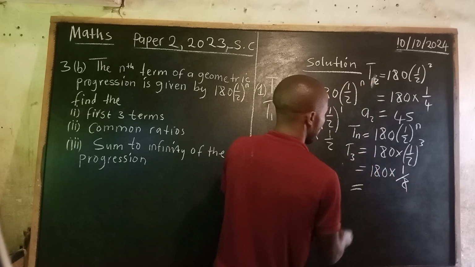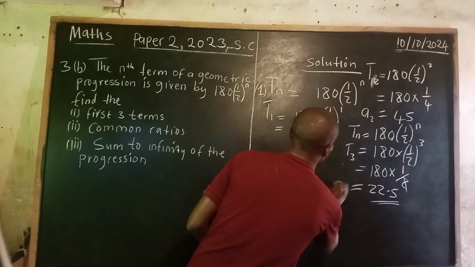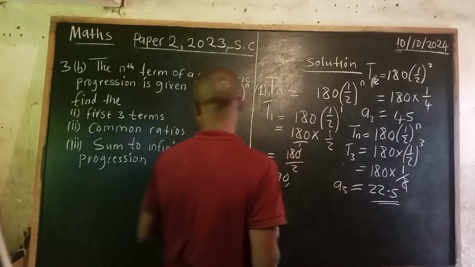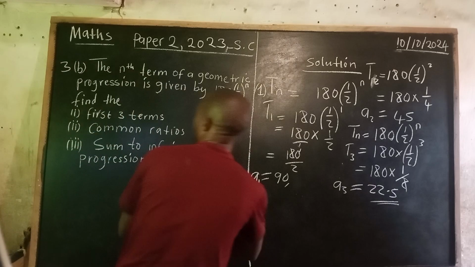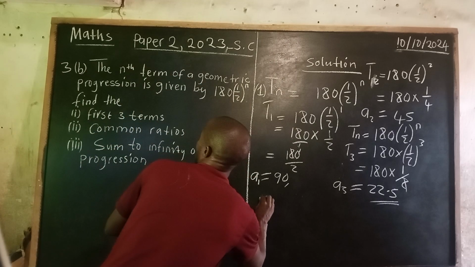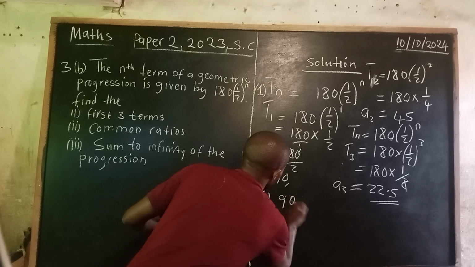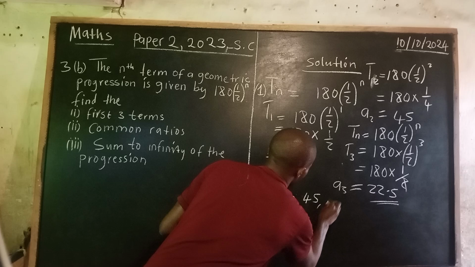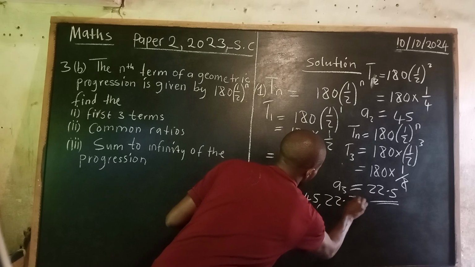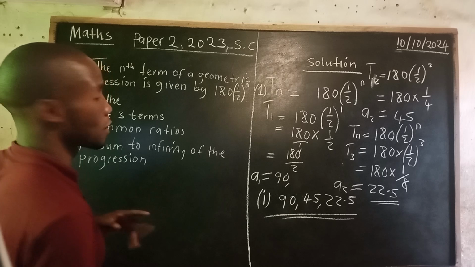When you simplify this, we have 22.5. That will be our third term. So we have answered the first part, and the first three terms are 90, 45, 22.5.